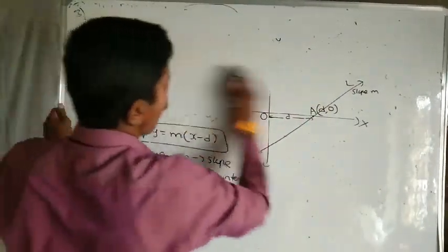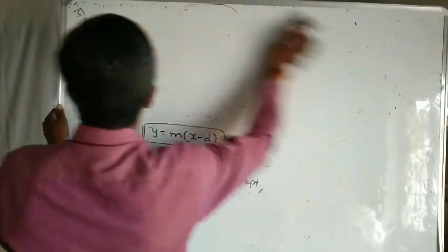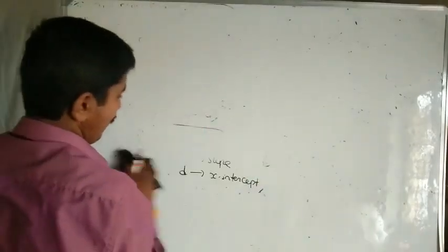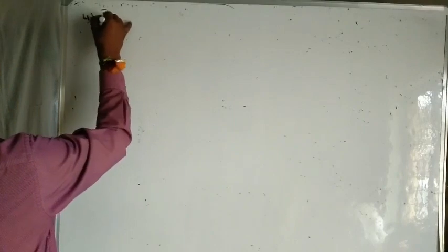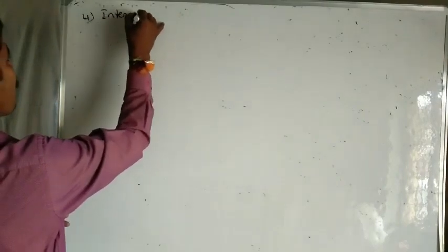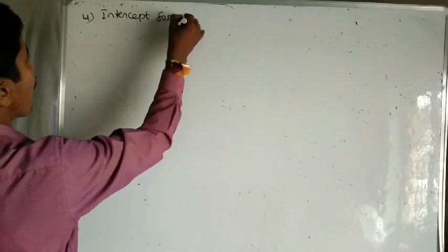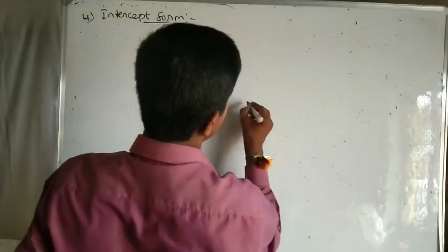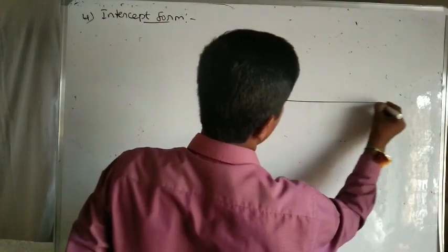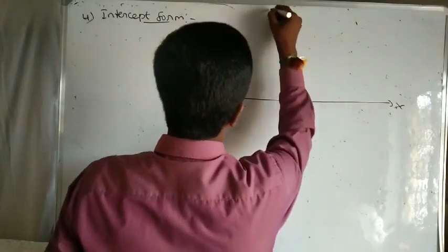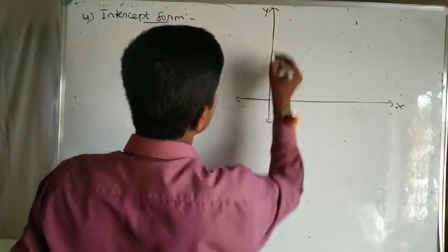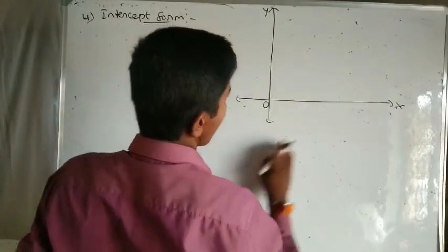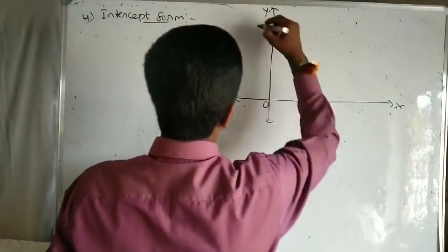So now go to the next one, the fourth one: equation of the line in intercept form. In the XY plane, with the x-axis and y-axis and O the origin, let us take a non-vertical line.